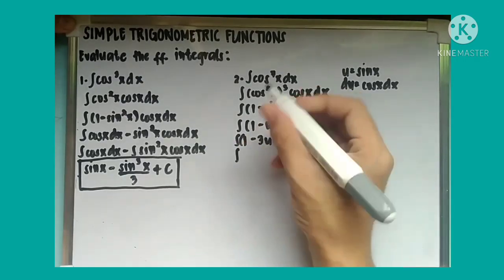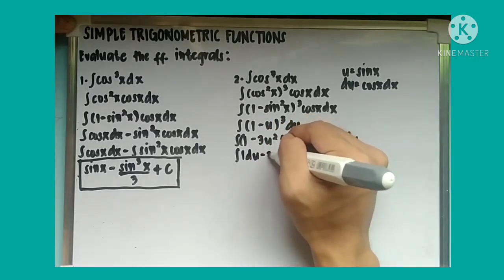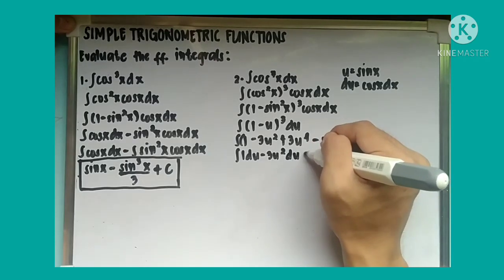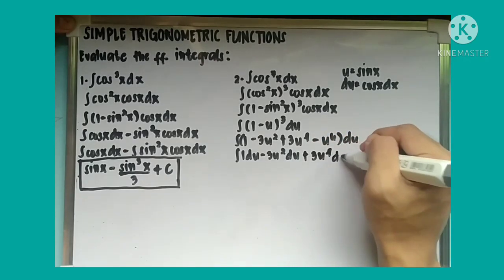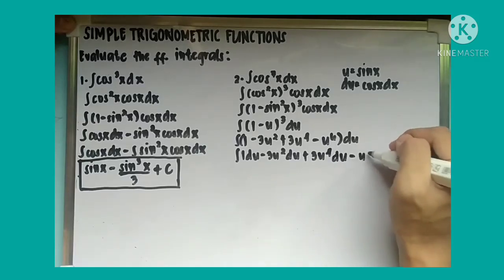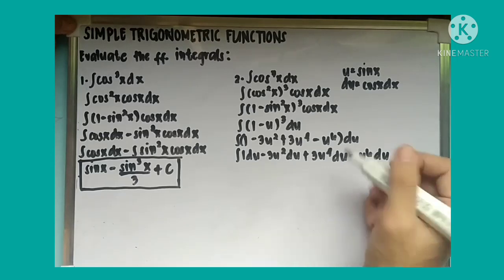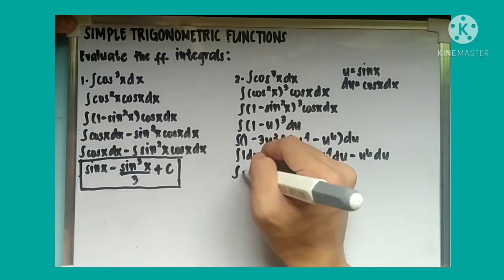And then substitute lang natin tong du dito sa loob ng quantity. So magiging 1 du minus 3 u squared du plus 3 u raised to 4 du minus u raised to 6 du. And then simplify natin. So the integral of 1 du is equivalent to 1u.